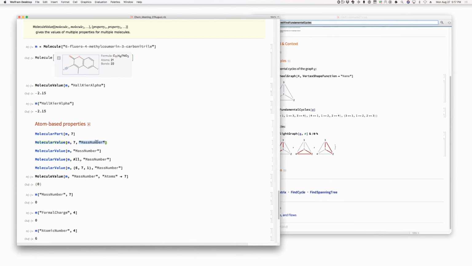Right. The other thing we could do here is have a decorator of some kind for this. But you're saying that molecular part, which is the most obvious thing to use here, can't work. Yeah, because it takes it ex situ, out of the molecule, and we don't want to do that. I would also argue at this point that molecular value is not listable.